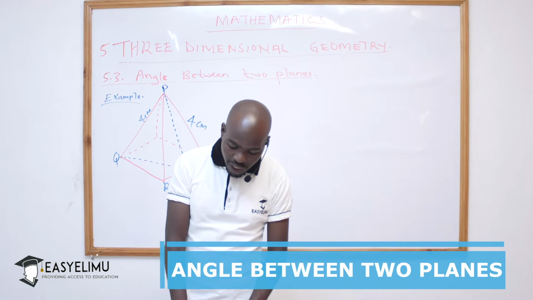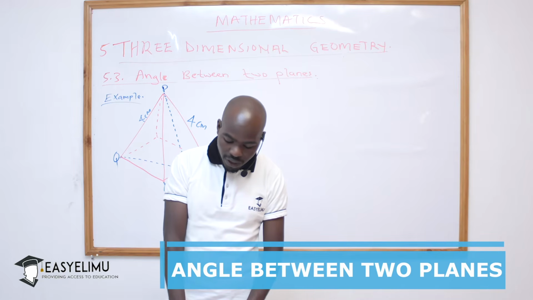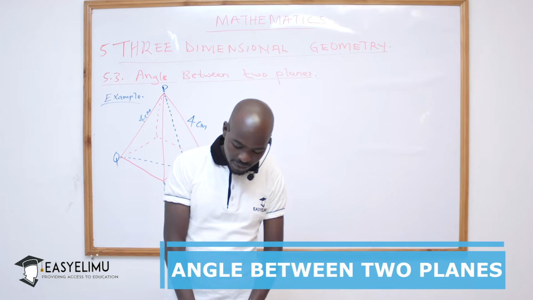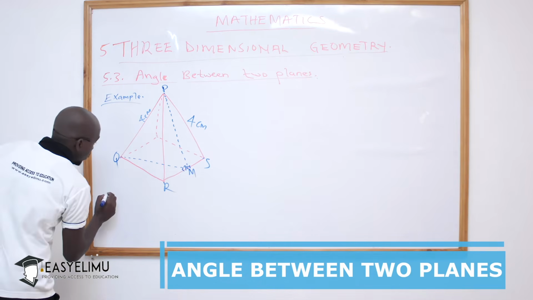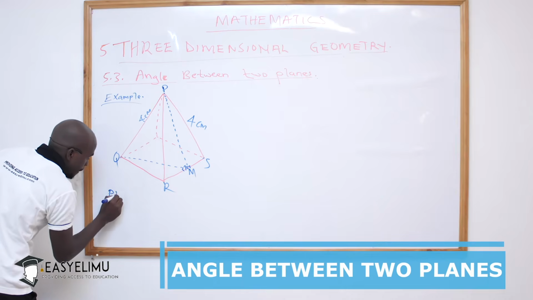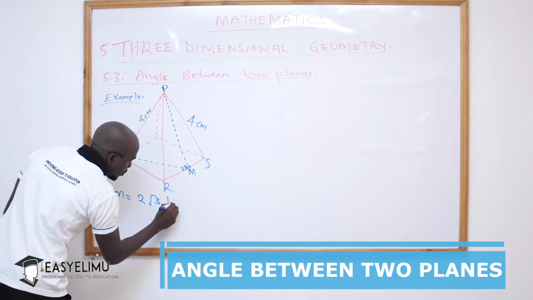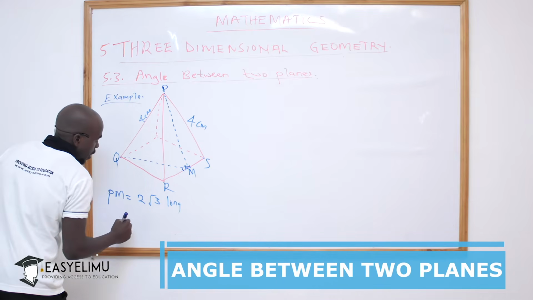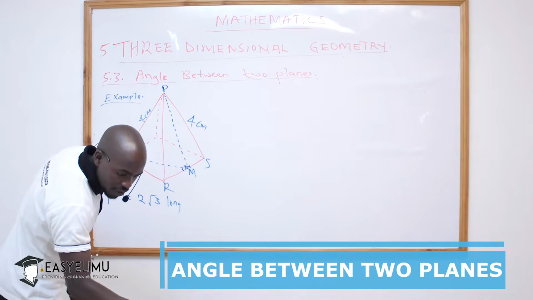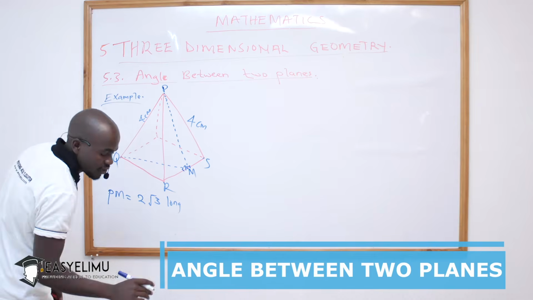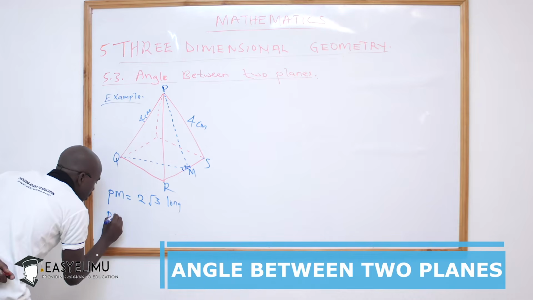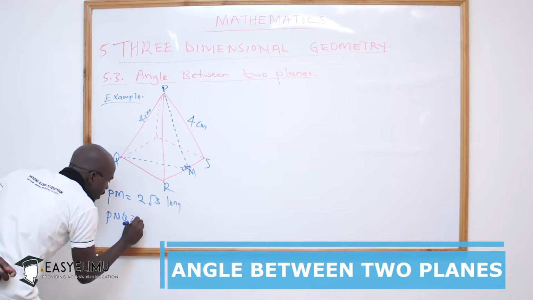To show that PM is 2 root 3 long, and that triangle PMQ is isosceles.